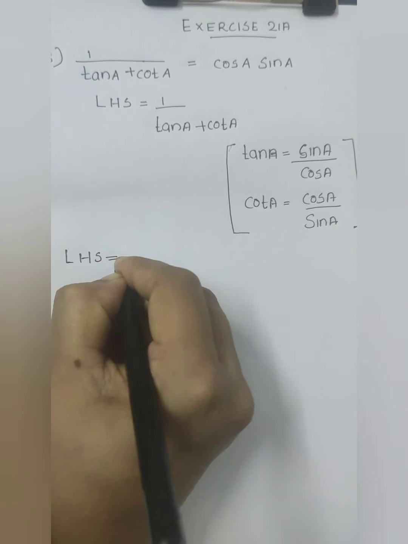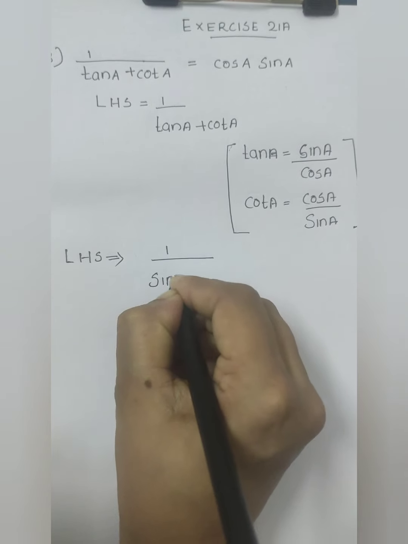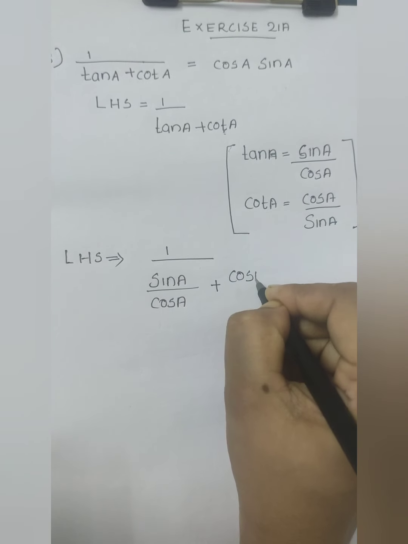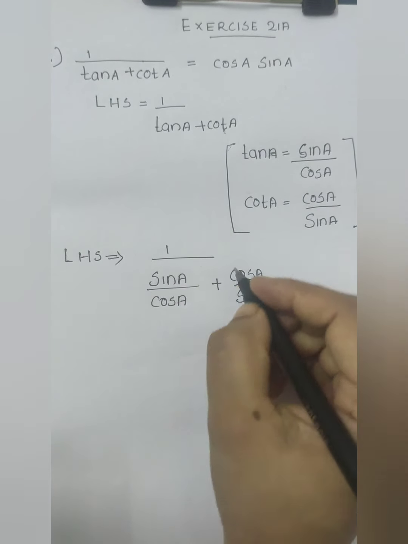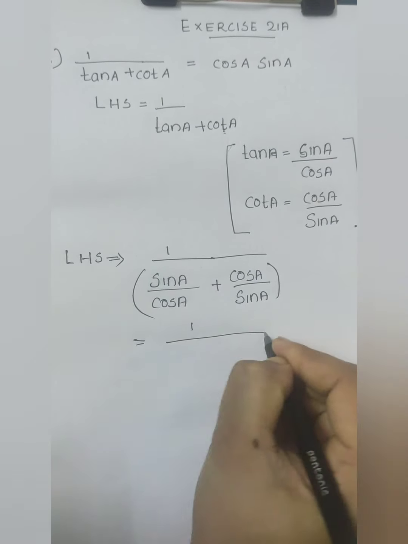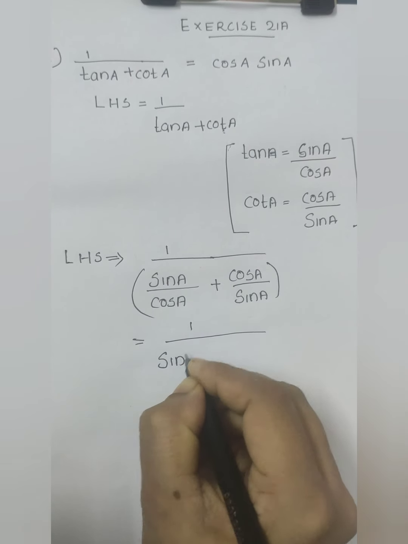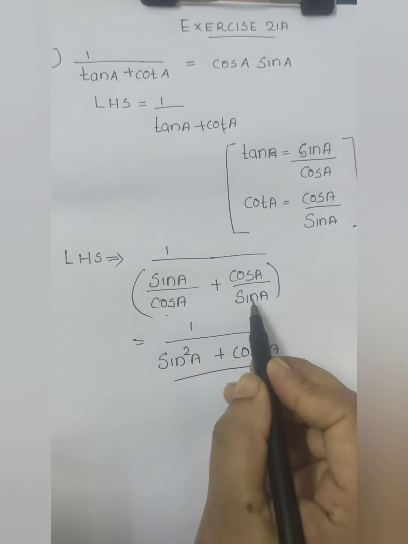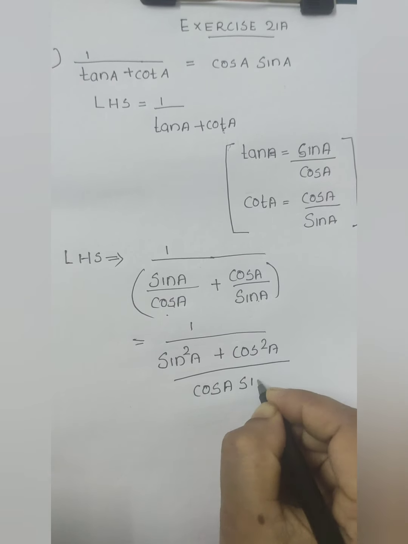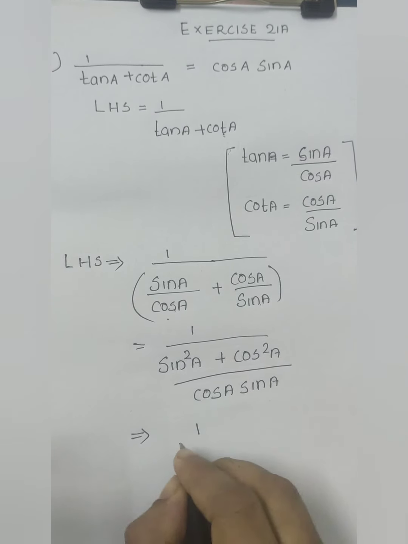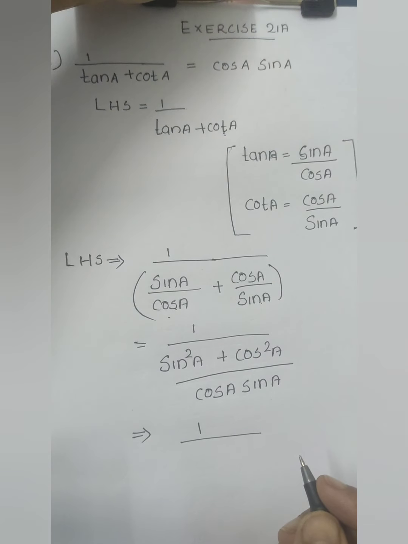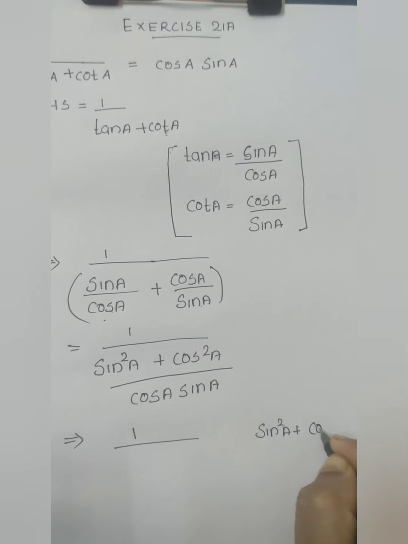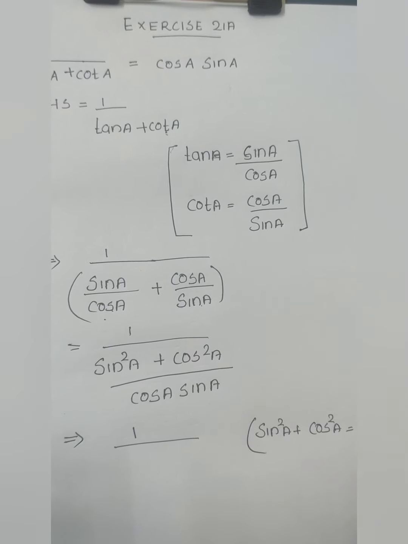Now our LHS will become 1 by, instead of tan A, sin A divided by cos A, plus instead of cot A, cos A divided by sin A. Now 1 divided by, cross multiplication, sin A into sin A, that is sin square A, plus cos A into cos A, that is cos square A, whole divided by cos A into sin A. Now we have the square relationship: sin square A plus cos square A is equal to 1.